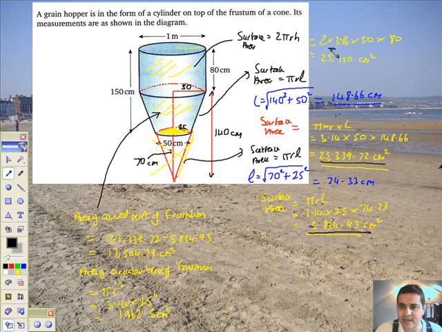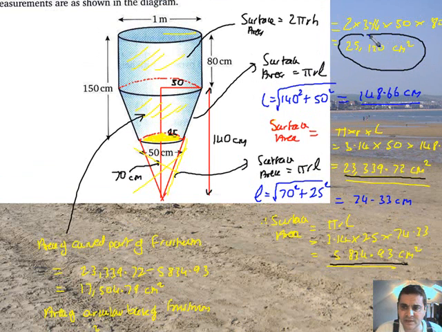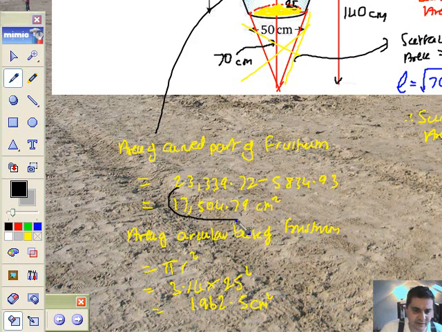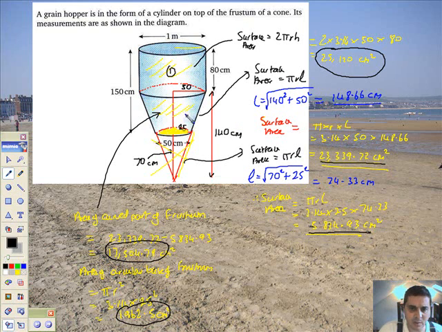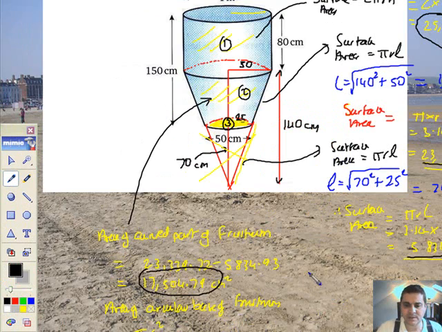I need the area of the curved surface of the cylinder, I need the area of the curved surface of the frustum, and I need the area of the base of the frustum. They're the three parts. Okay, part 1, part 2, and the little one down there, part 3. So here we go.